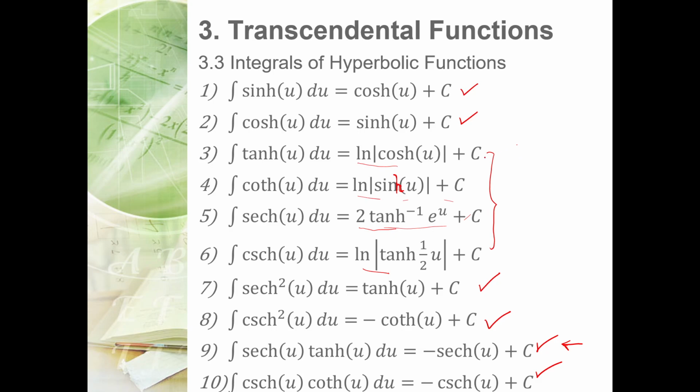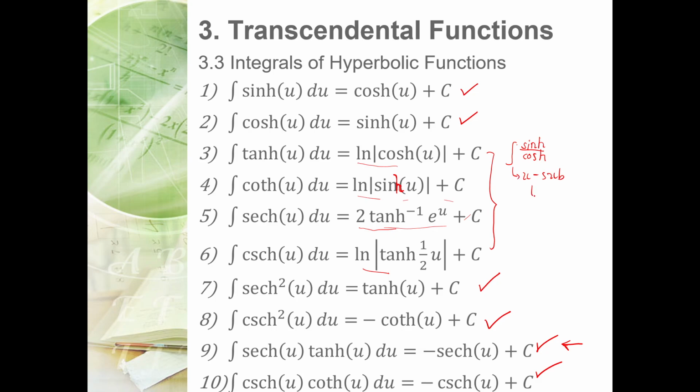For the ln formulas, you can just derive this one or answer it manually, just like what we did in our trigonometric integrals. For hyperbolic tangent, you get the components of tangent: hyperbolic sine over hyperbolic cosine, and then you use the u sub technique.